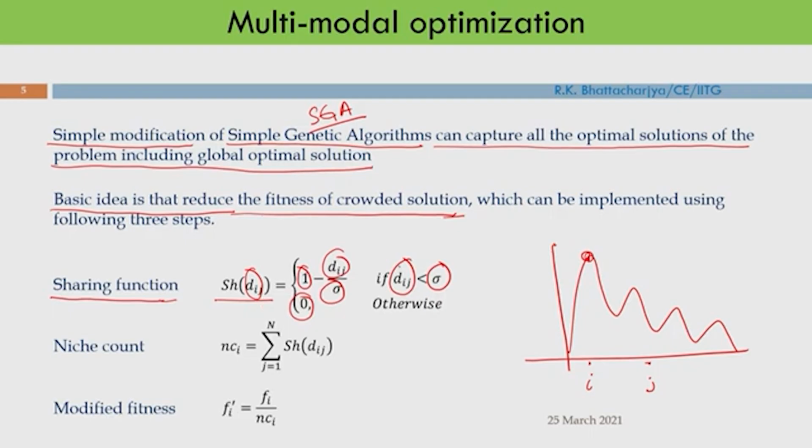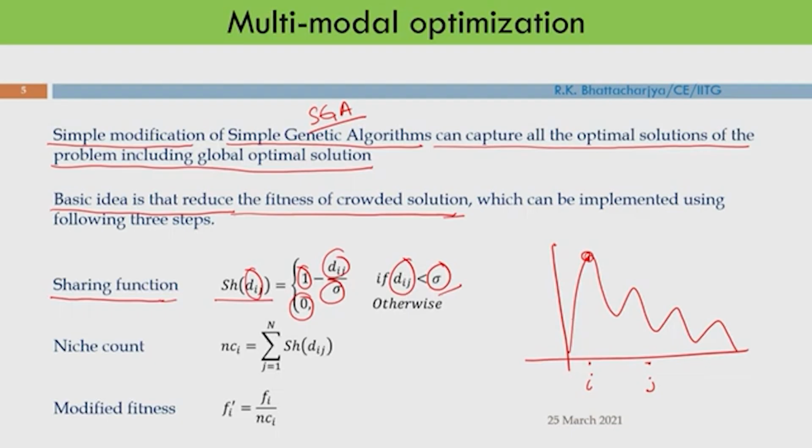So, I check whether Dij is less than sigma; if so, I calculate the sharing function value using 1 minus Dij by sigma, otherwise the sharing function value is 0.